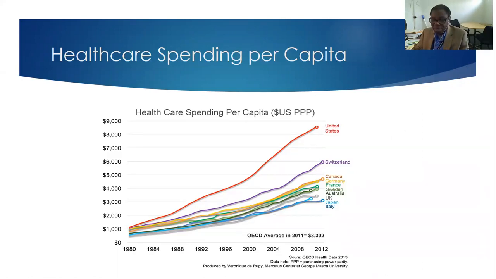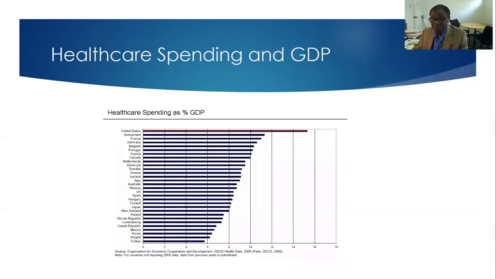The OECD average healthcare expenditure per person was $3,300, while the US spent over $8,500 per person on healthcare. That's 2.5 times the amount compared to other developed countries. So, if the US spends this much money on healthcare, are Americans healthier? Do they live longer? Well, let's find out.